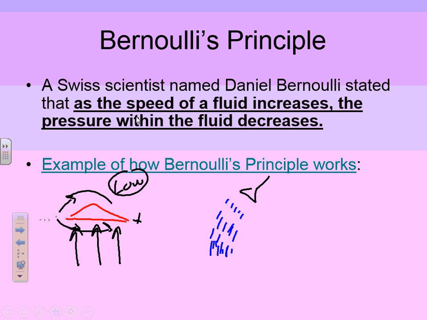So if this is you and this is the shower curtain, what's going to happen inside the shower? Because you're warming up the air, the fluid is going faster, so you're going to have low pressure on the inside of the shower curtain where you're showering and high pressure on the outside. Well, what's that high pressure going to do? It's going to push in, and your shower curtain is going to pretend like it's sticking to you.